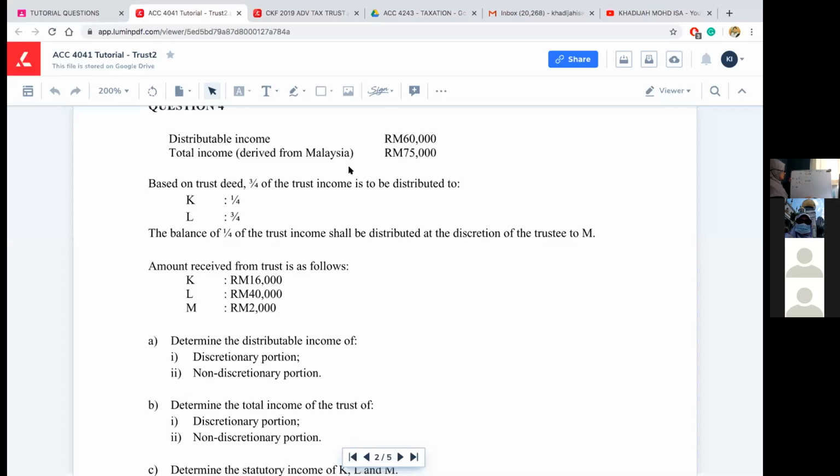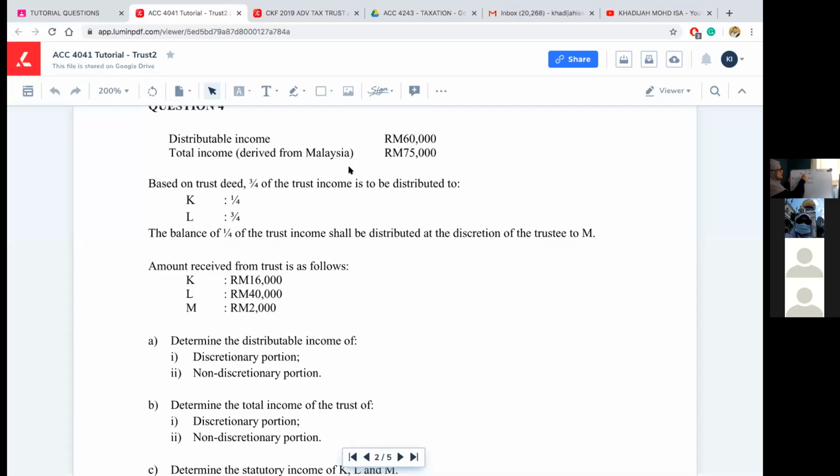Then from 56,250 times 1/4, you get 14,062.50, and the other share is 42,187.50.